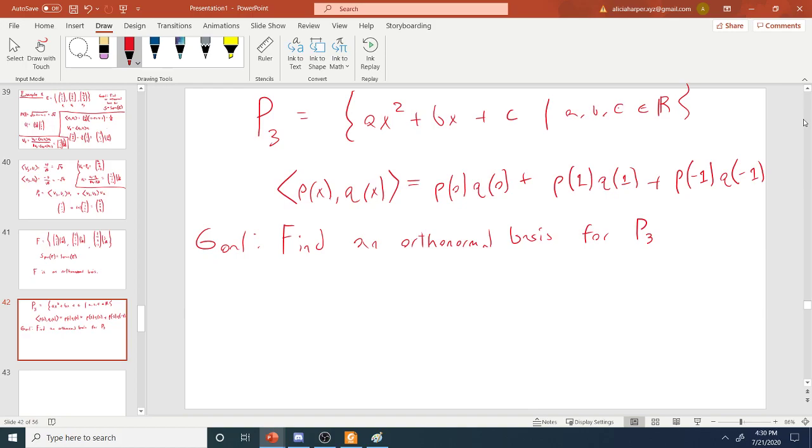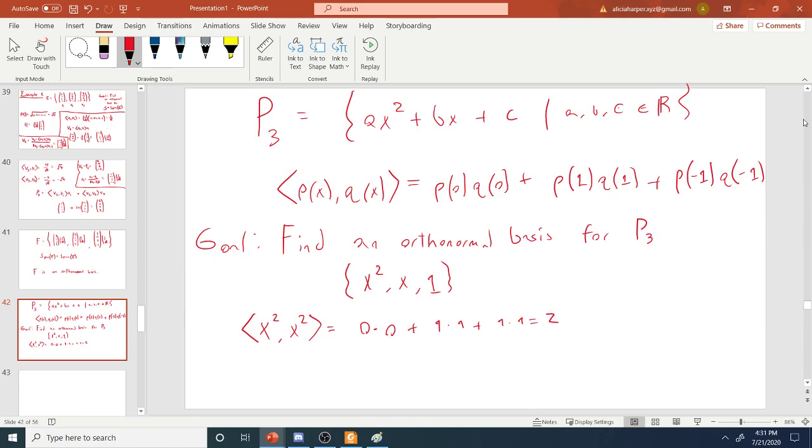We're going to use our initial basis as x squared, x, and 1. And the first thing we note is that if we take the inner product of x squared with itself, well, we're going to get 0 times 0 plus 1 times 1 plus 1 times 1, which will be 2.